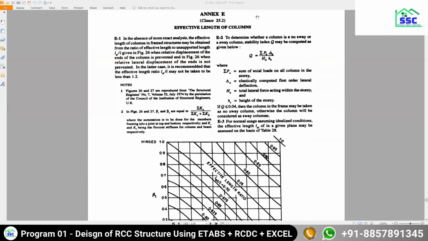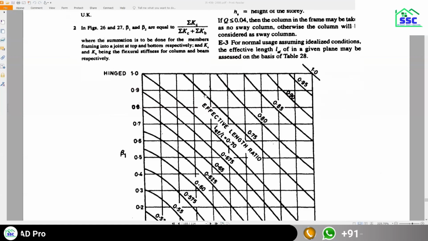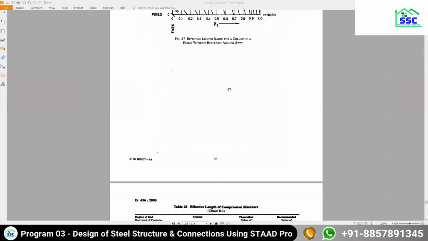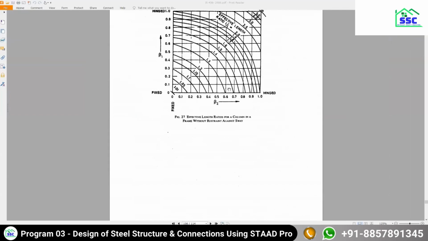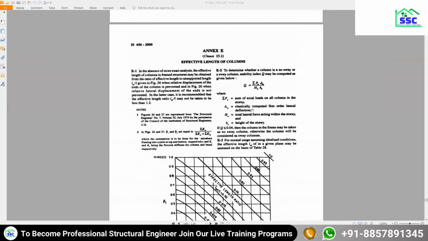Here it is clearly given in E3: for normal usage, assuming idealized conditions, the effective length of a column in a given plane may be assessed using Table 28. But these results are approximate, and even ETABS does not calculate it using Table 28. ETABS also calculates it using the graphs given.